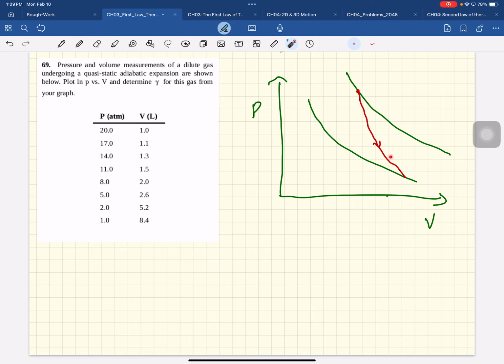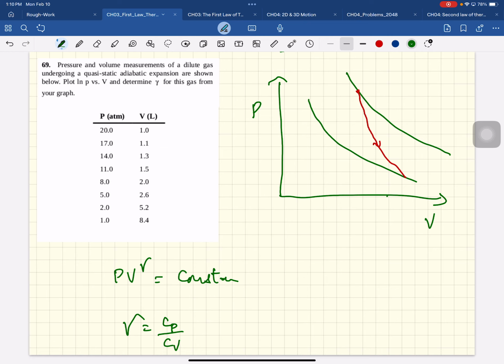In an adiabatic process, this fellow is constant. Take any point on that curve, take the pressure at that point, volume. What is this fellow? Gamma. And do you guys remember what gamma is? No. Gamma is the ratio of specific heats.